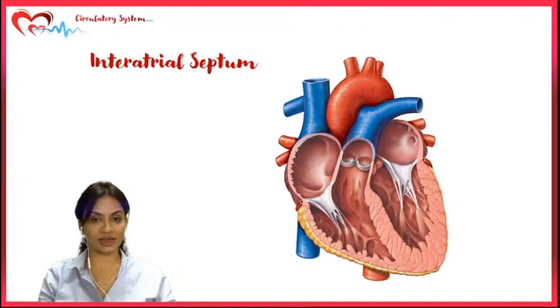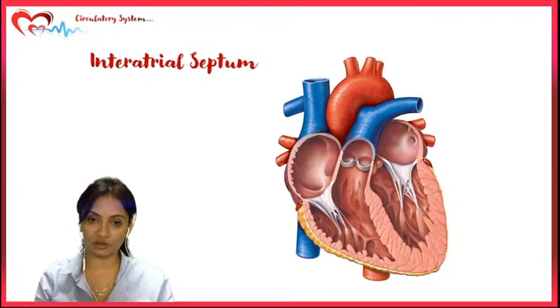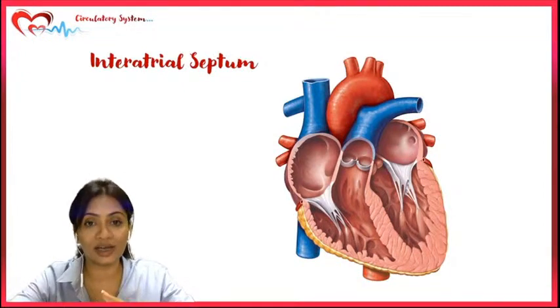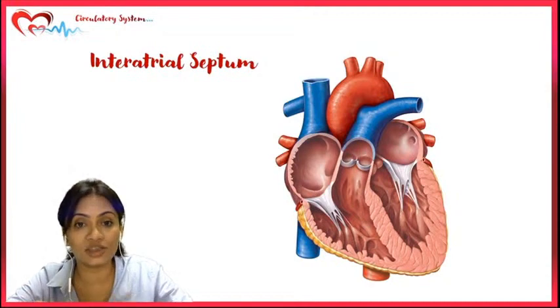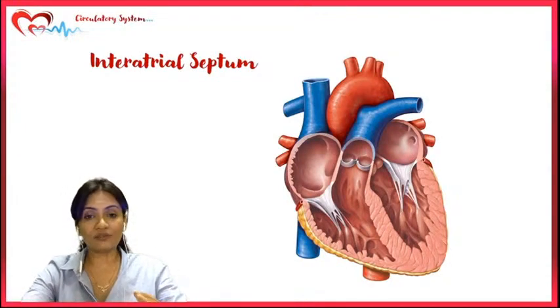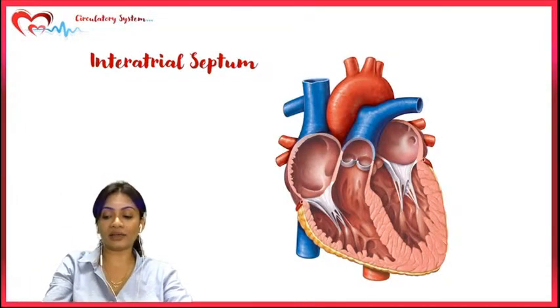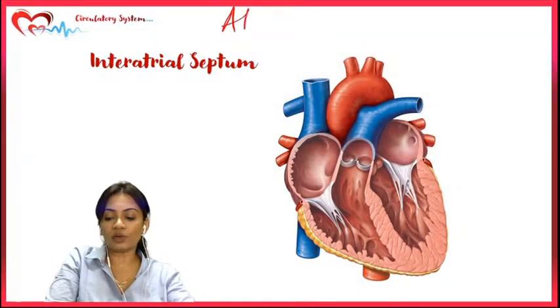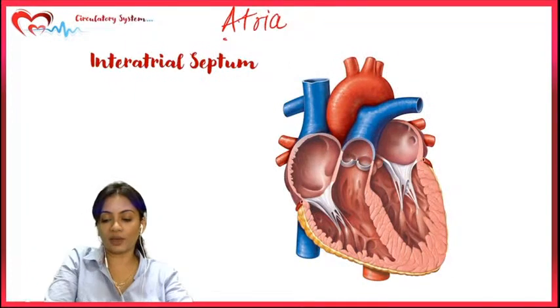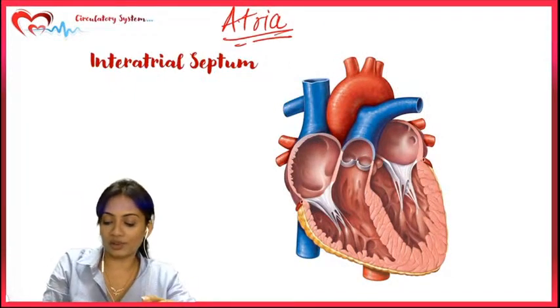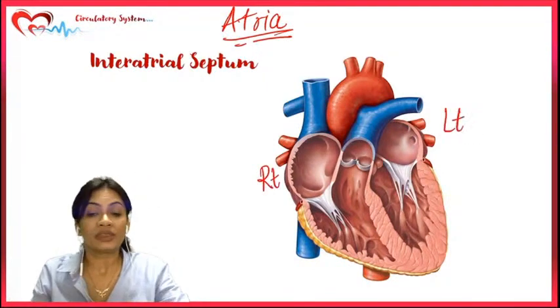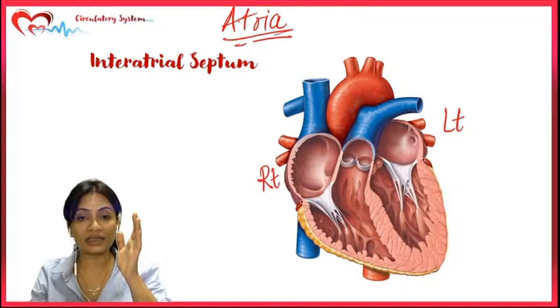First of all, understand, when we're talking about the internal structure, do you remember I told you that all the 4 chambers are distinctly separated from each other? So even when we're only talking about atria, we see that the atria, whether it is on this side, remember this side is the right side and this side is the left side, are separated by a septum.